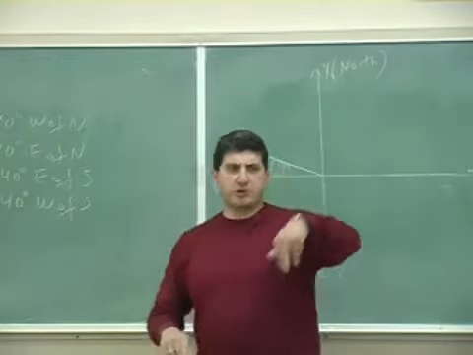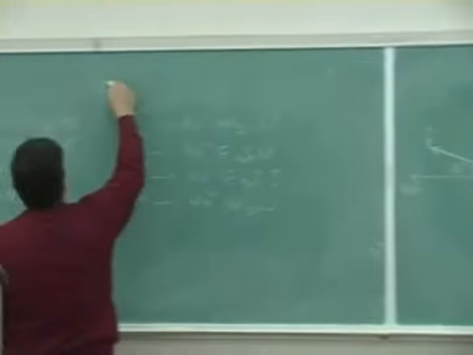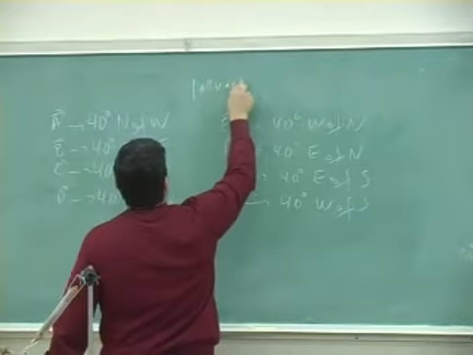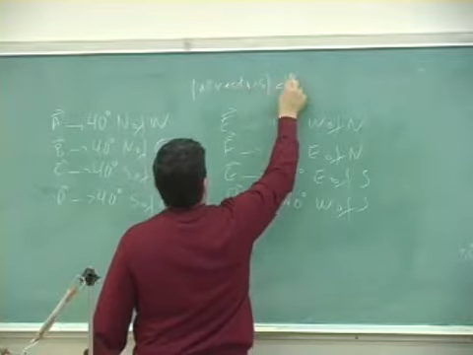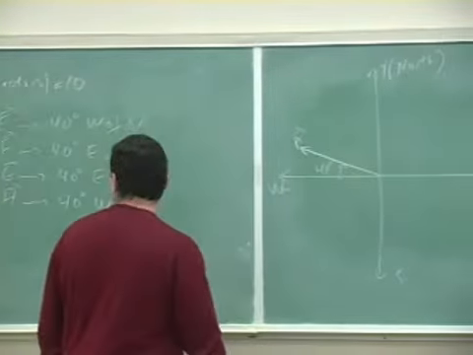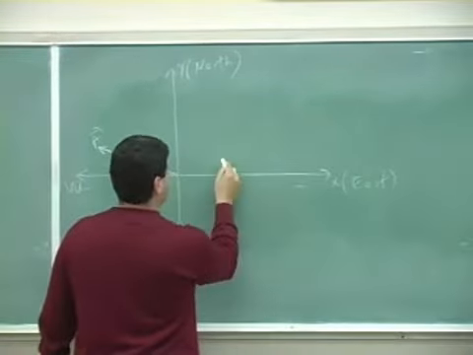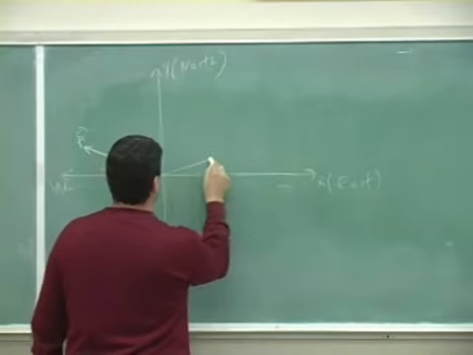Okay, and let's say the magnitude of all vectors is 10. So vector B will be 40 degrees north of east.